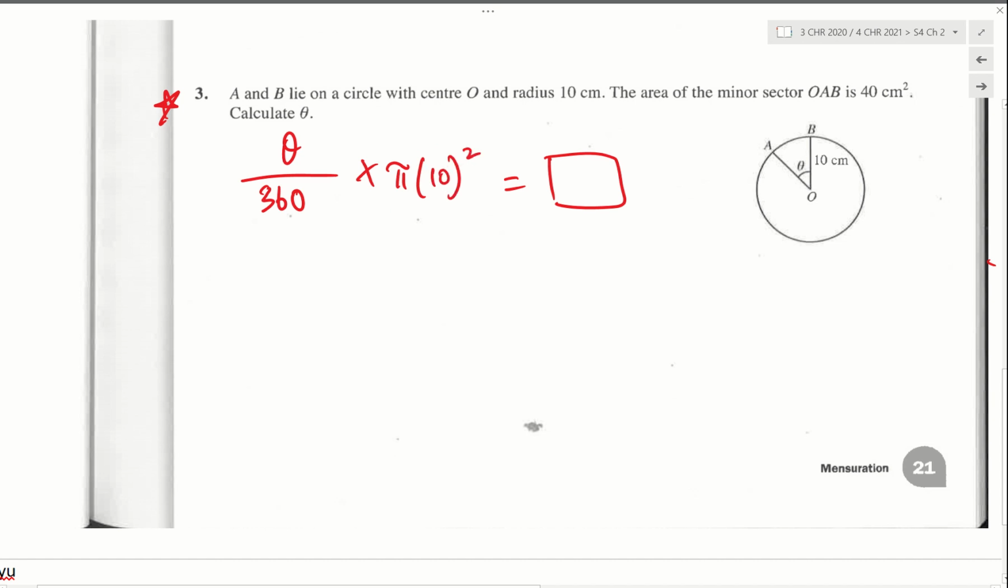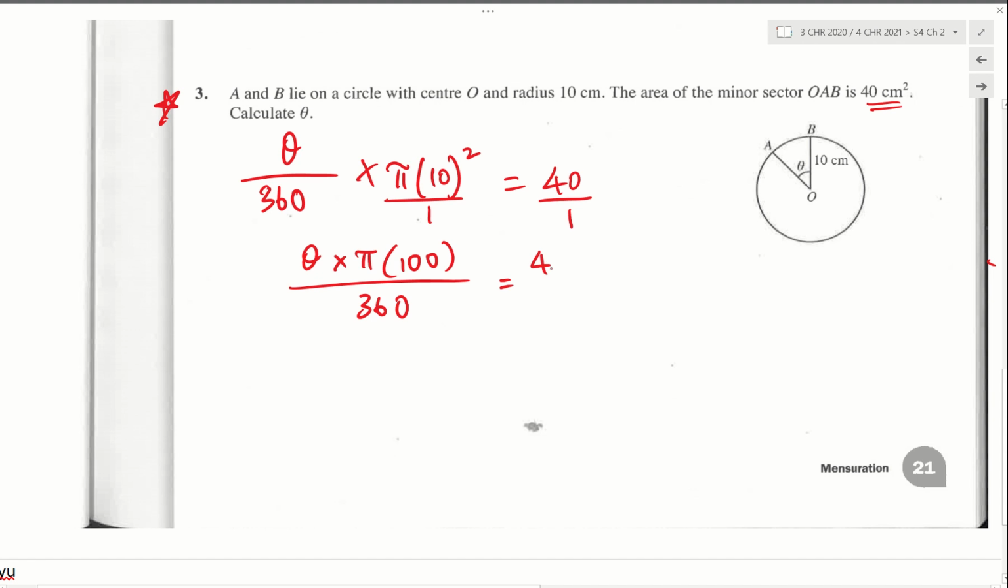This is the area of a full circle. Fauzi, Ahmad, are you okay? Not okay, then you must listen. So theta over 360 times 1 full area. Based on the question, it is 40 cm squared. Now combine into one fraction. You can put over 1. Left hand side, theta times pi times 100 over 360, equals 40 over 1.